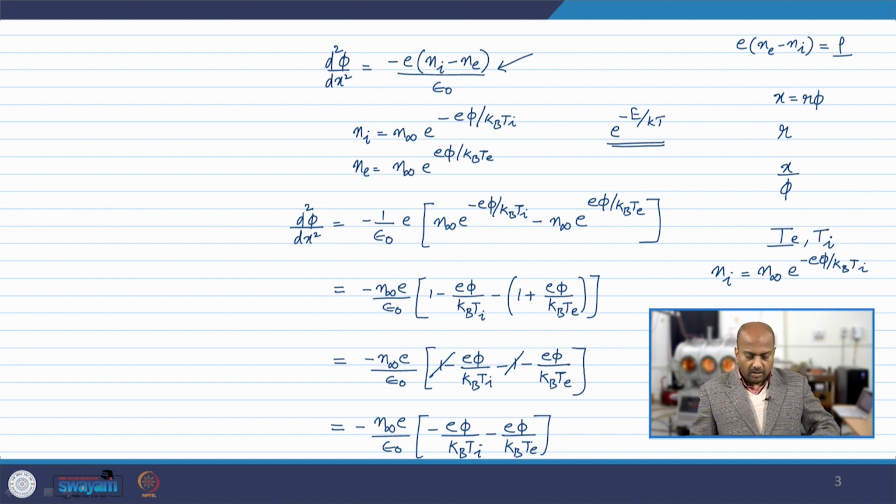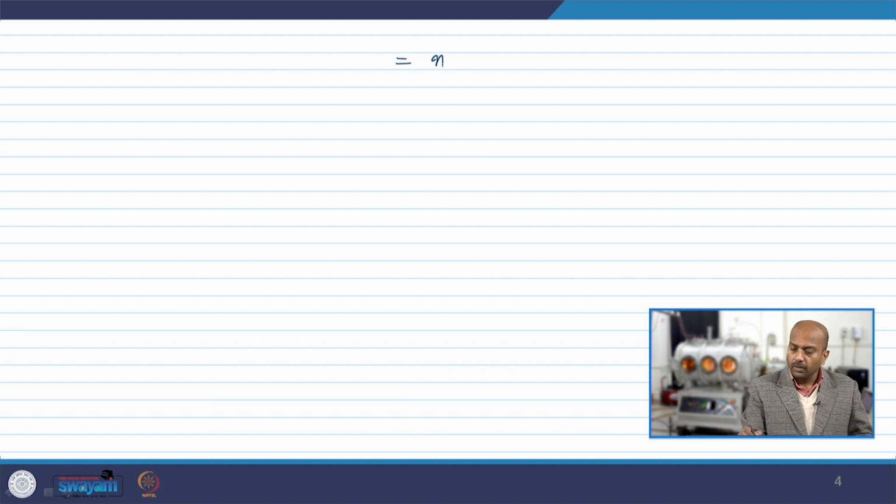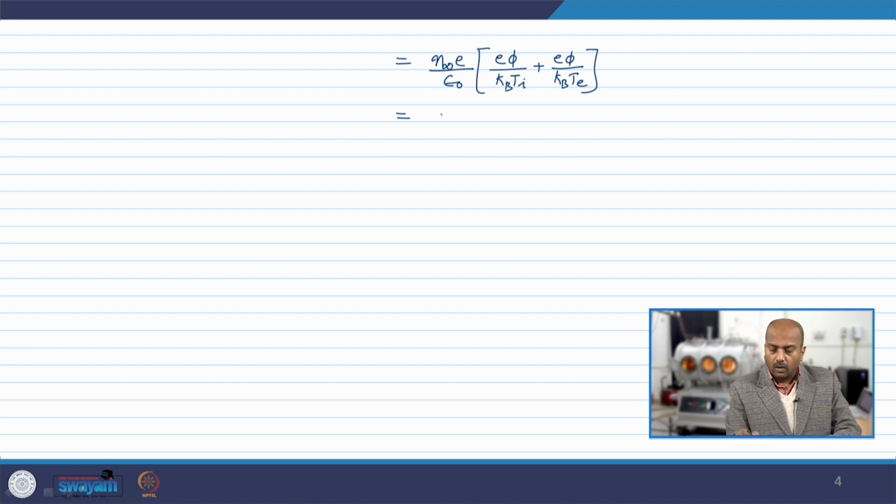So, effectively we can take this minus outside, and all of the right hand side will become positive. Then we can write n infinity E by epsilon naught times E phi by kb Ti plus E phi by kb Te, or n infinity E square divided by epsilon naught times 1 by Ti plus 1 by Te times phi.